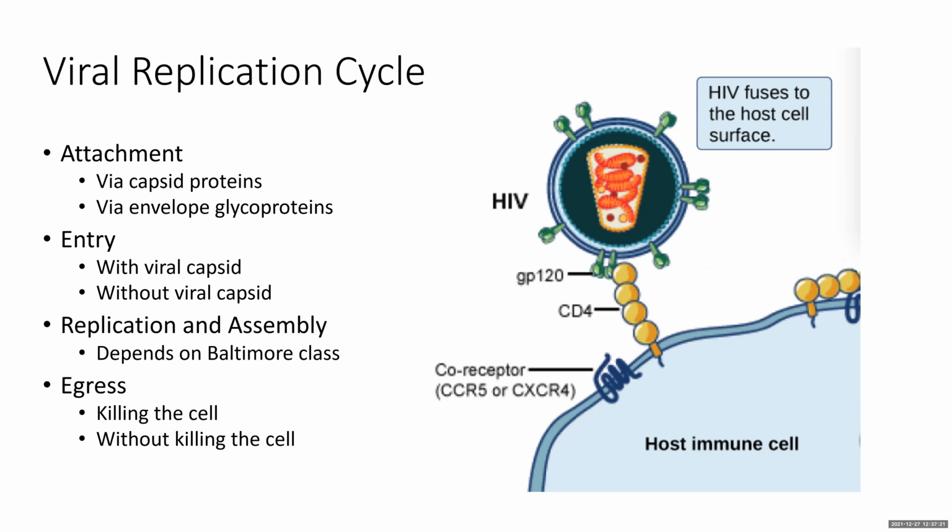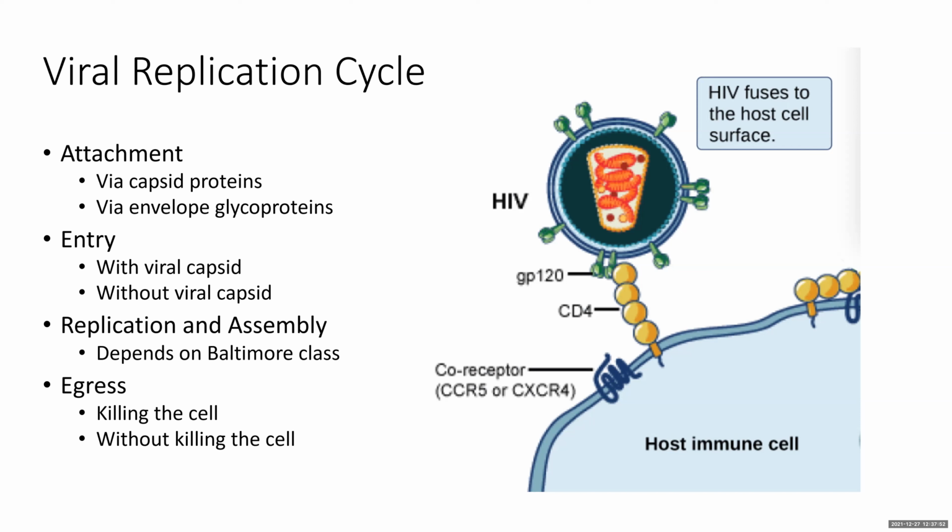All right, once it's bound, it's going to have some way to get inside the cell. Viruses with an envelope tend to trick the cell membrane into doing endocytosis to bring them inside the cell. They may, like bacteriophage, simply inject their genetic material inside the cell, but a lot of them are going to have the whole capsid get moved inside the cell.